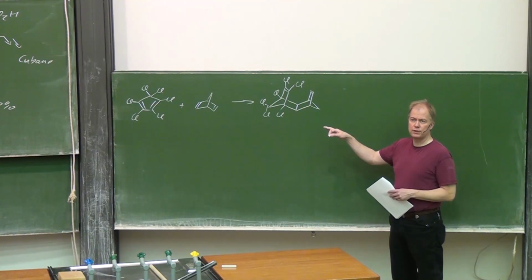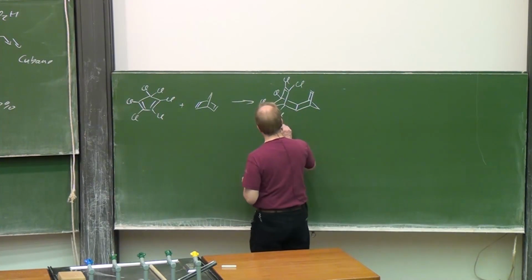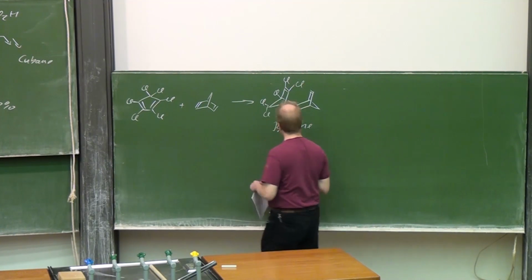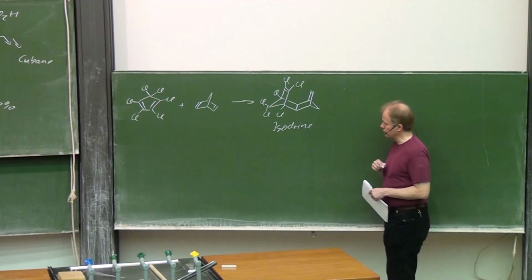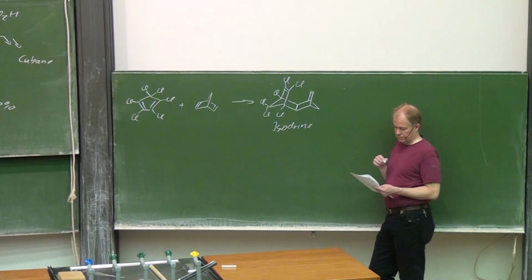This was already known, this compound, isodrin, and it was, I think in the late 60s, a very well-known insecticide produced on very large scale.